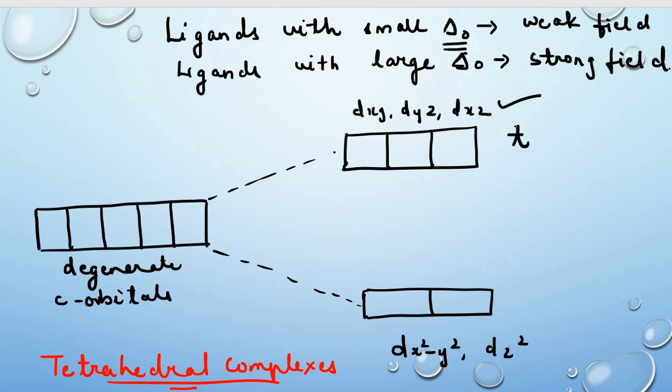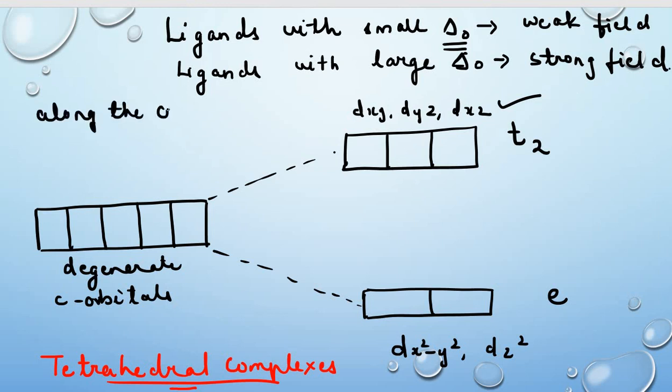The T2 level is having a higher energy, where the lower energy is that of the E orbital. Why in this case is such a change there? Because in the case of a tetrahedral complex, what will be there? The ligands will be approaching between the axis.